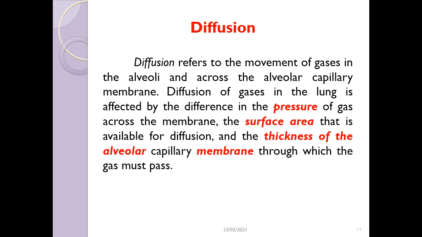So, diffusion is highly affected by the pressure of gases across the membrane, the surface area of the membrane available for diffusion, and the thickness of the alveolar capillary membrane.